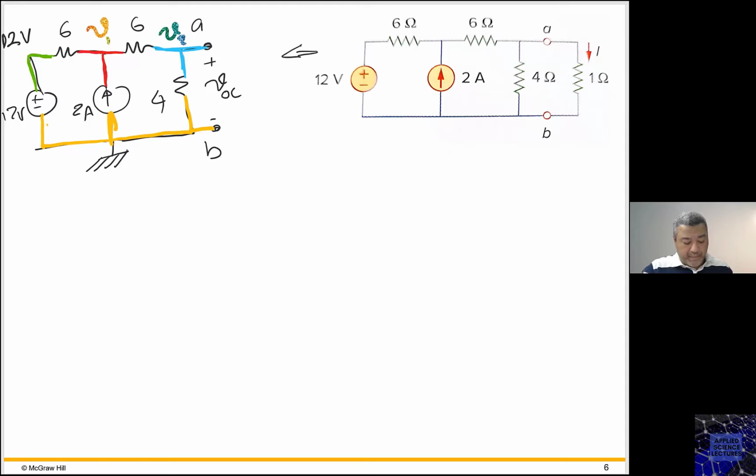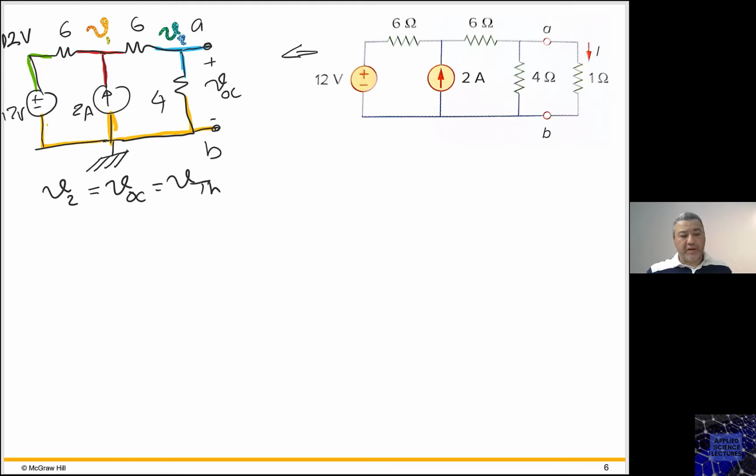So I have here V2 is the same as VOC, and this is also the Thevenin. VOC is the Thevenin, right? Just for our record, so we don't get things mixed up.